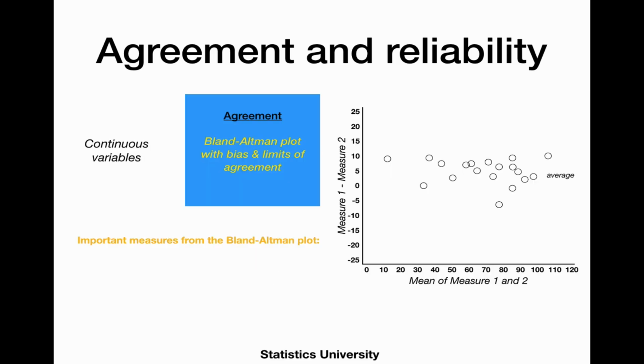Now that we've discussed the agreement and reliability measures for categorical variables, we're moving on to continuous variables. In the Bland-Altman plot, we try to get an idea about the average difference between 2 continuous variables and the range of the differences.